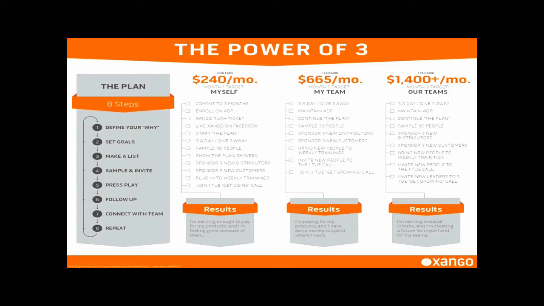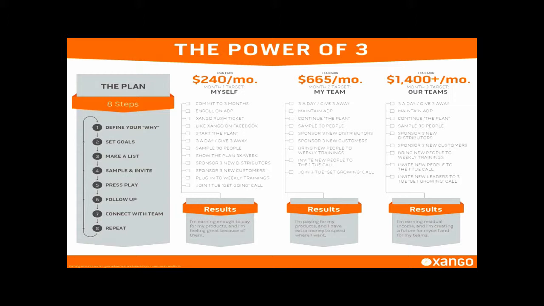And as we continue to do this, that ends up being hundreds of people on each team, thousands of people on each team. This is a career. This is something that we can just continue to build and grow at our own pace over time, and it just keeps adding up.